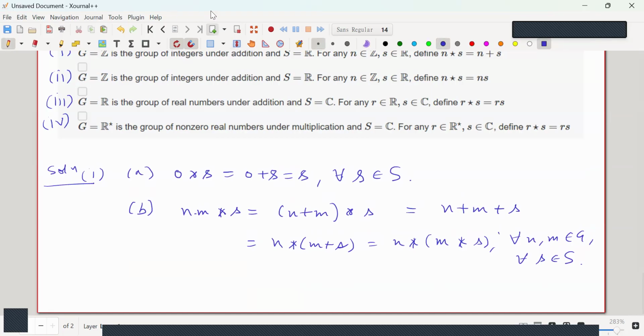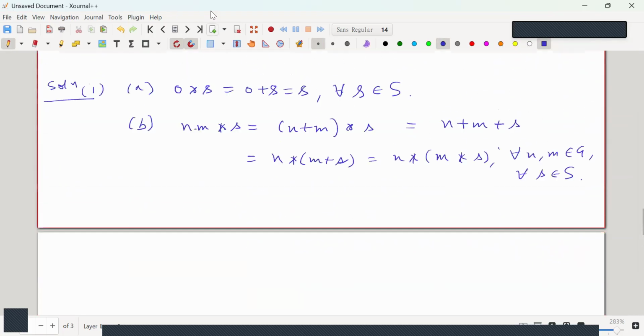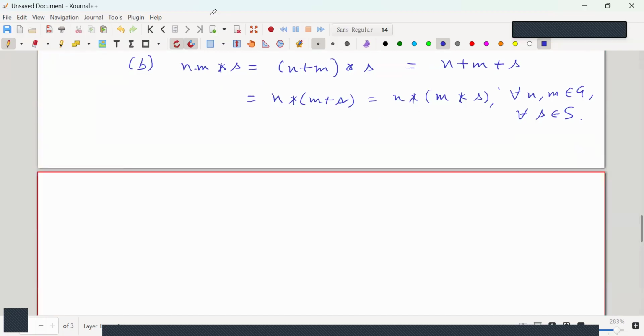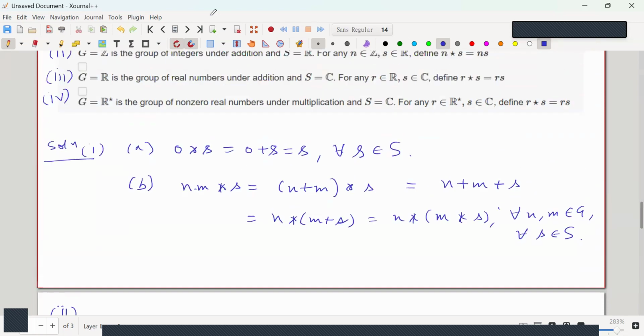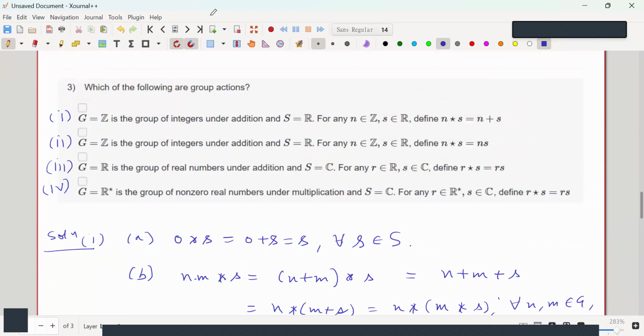Now, what about the second part? This is not a group action. Why? Consider 0 times s.